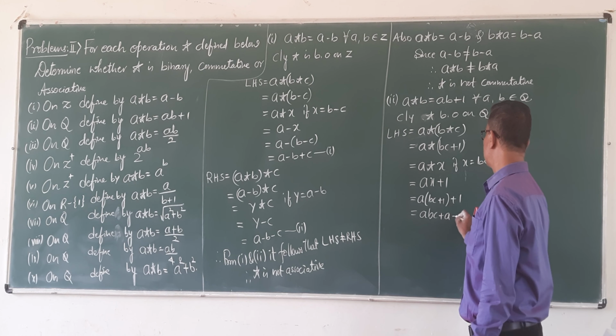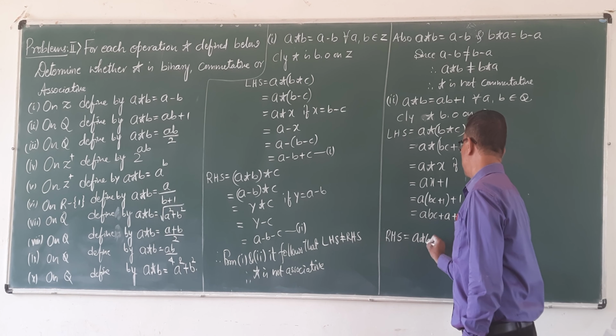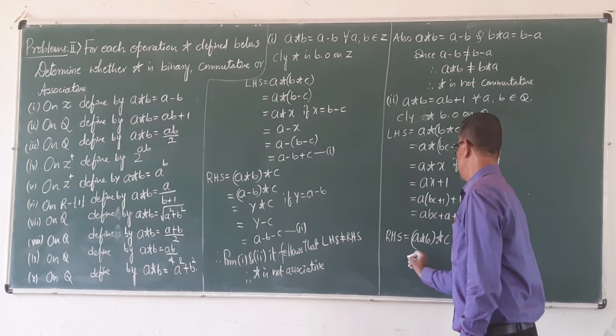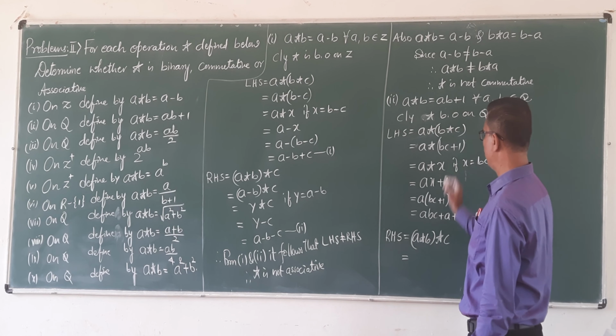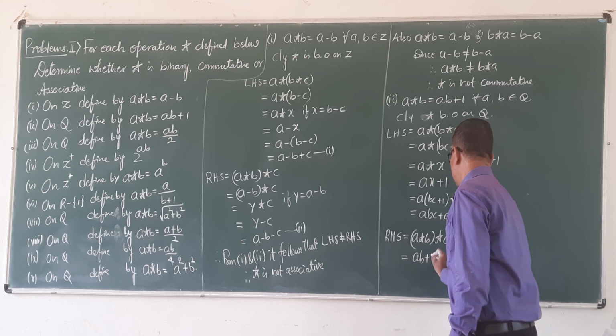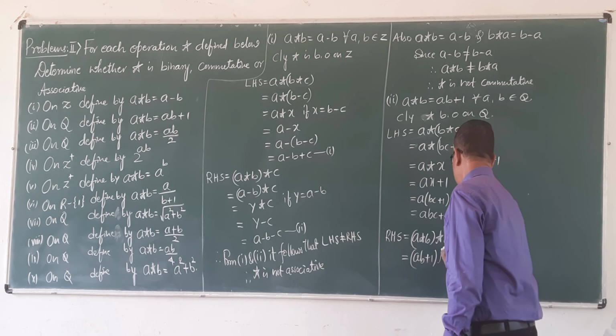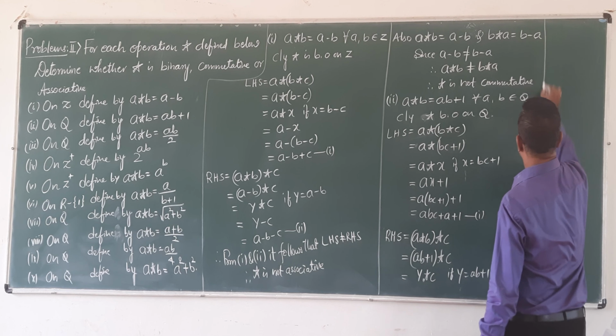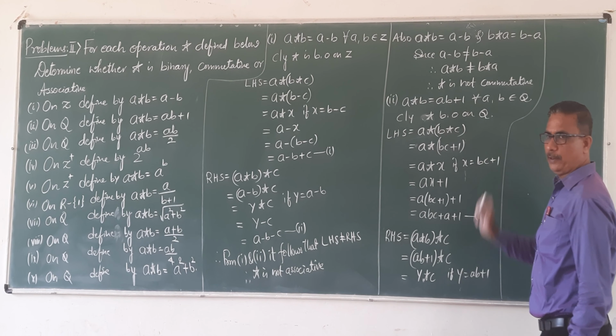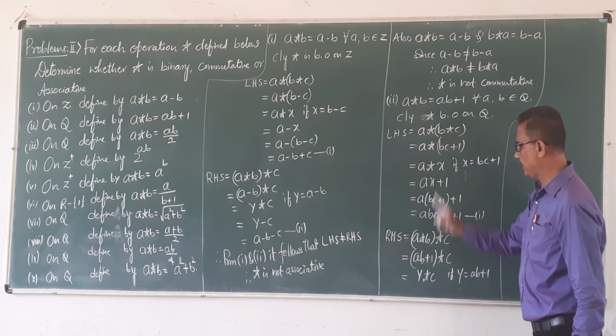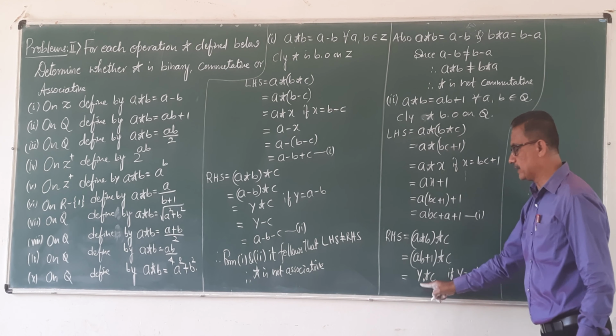This is the LHS. Then take the RHS. What is the RHS? (a star b) star c. Since a star b is equal to ab plus 1, that is given, put ab plus 1 equal to y, star c, where y is equal to ab plus 1. Since a star b is equal to ab plus 1, instead of a and b, here come y and c. What is y star c? yc plus 1. Right?